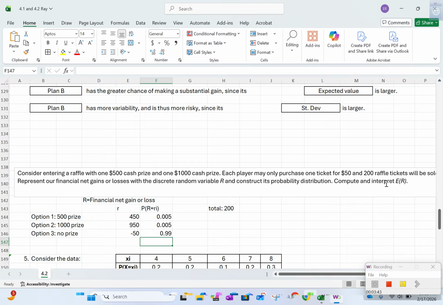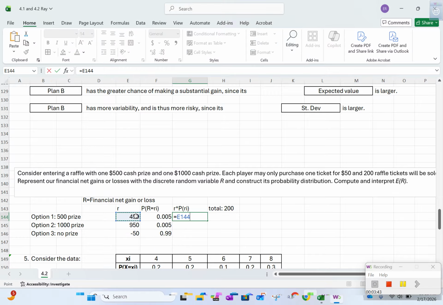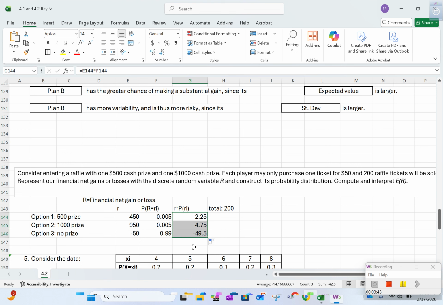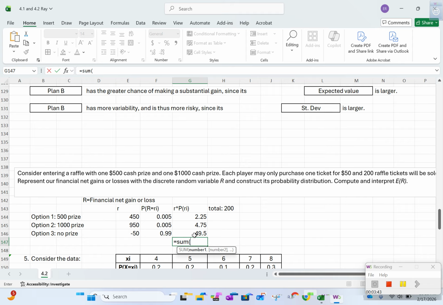They want us to compute and interpret E(R), the expected value of our random variable, our financial net gains. So our expected value from our formula up above is we take our R times P of R, here times this, and then all the way through, and then we're going to do the sum to finish up.